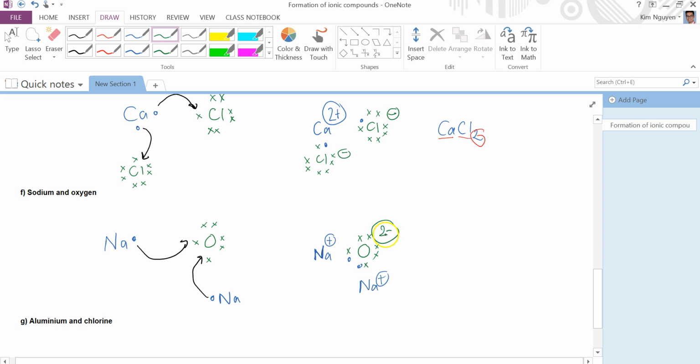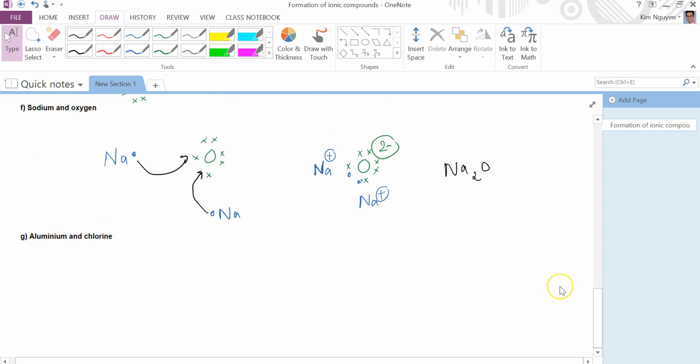And the 2 minus charge from the oxygen here is balanced out by the 2 positive charges from the separate sodium ions. And the chemical formula for sodium oxide is Na2O.